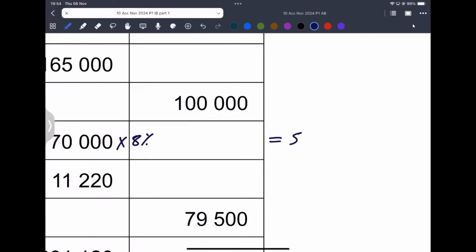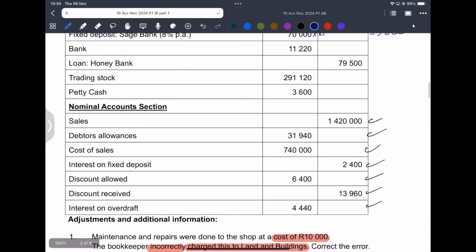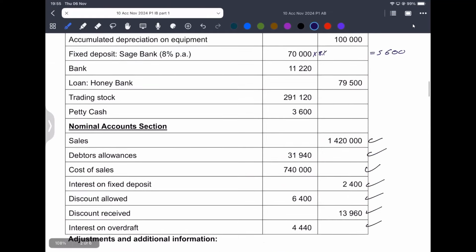So interest on fixed deposit is supposed to be 5,600. But in this example, it was recorded not as 5,600 but as 4,400, and it's supposed to have been 5,600.